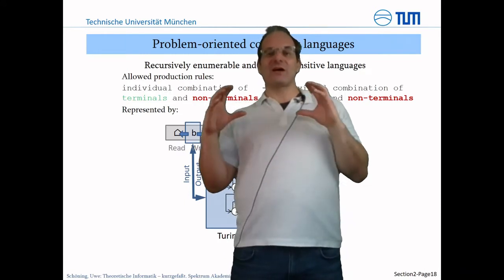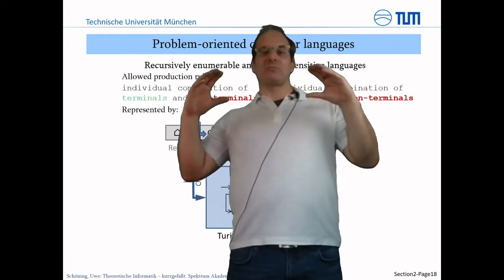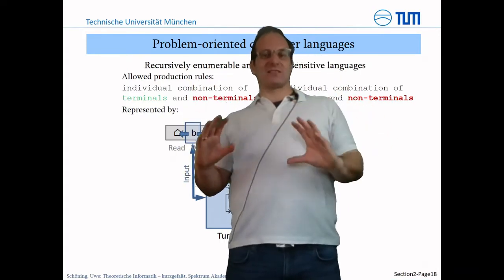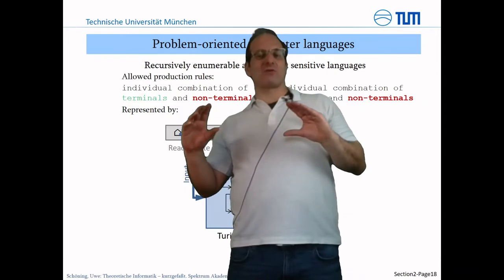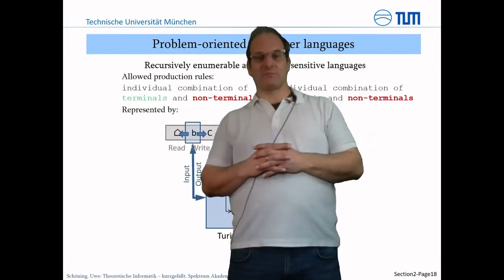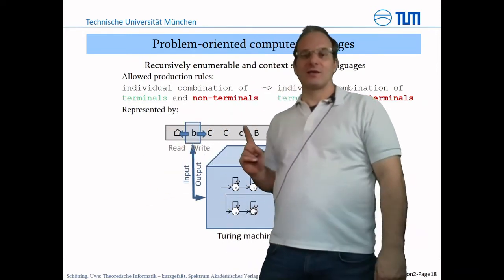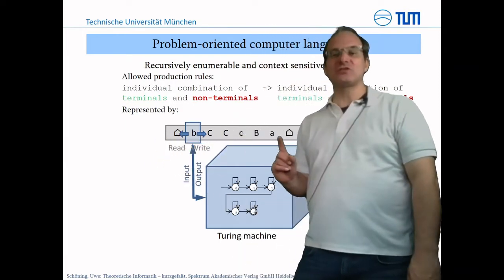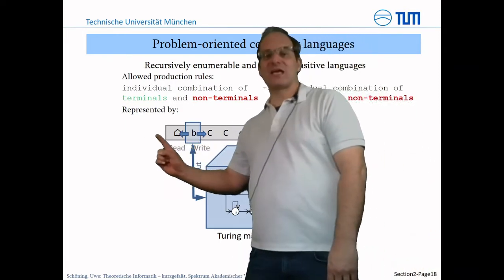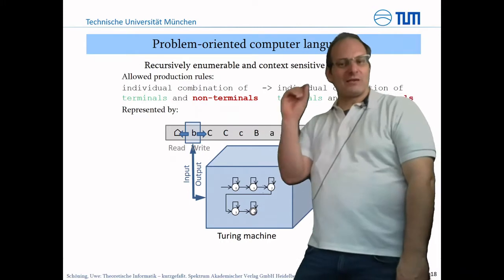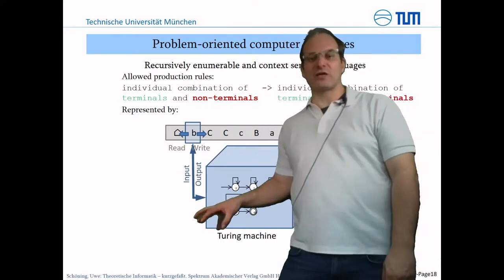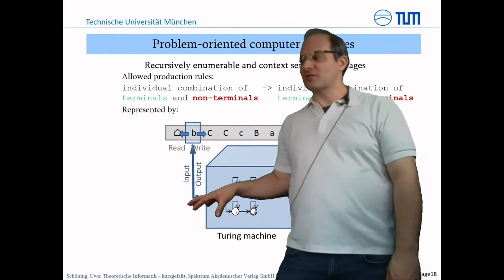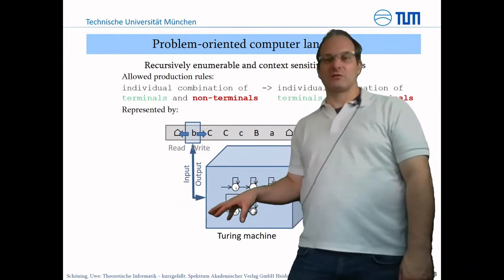Therefore, it's now a complete paradigm change, in that we have memory which we can completely adapt as we want. We now have an input tape, but it's not only an input tape, it's now also an output tape. So we have the situation of an automaton, which is now called a Turing machine.